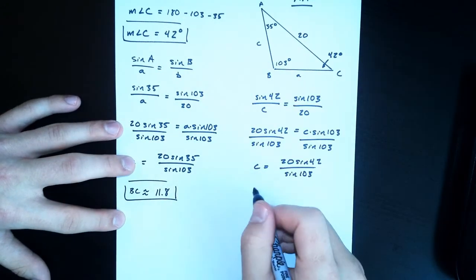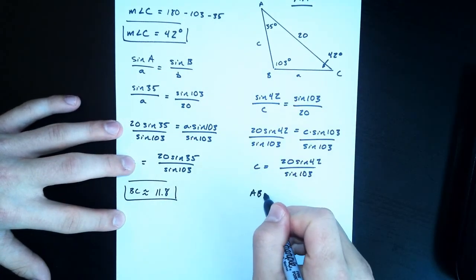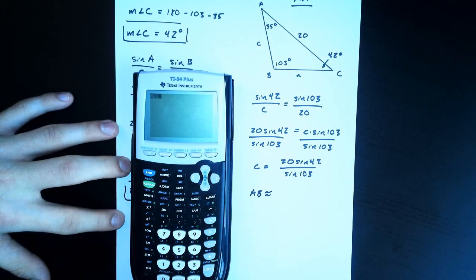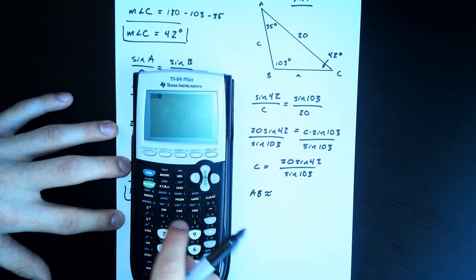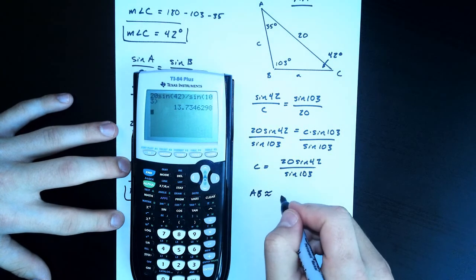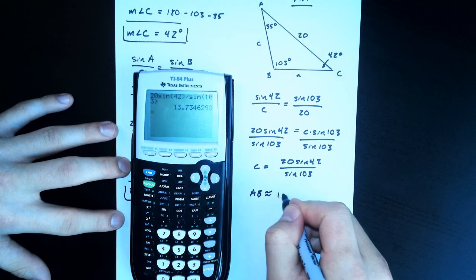So that's going to be side AB, and let's see what we get. 20 times the sine of 42 divided by the sine of 103. We end up with about 13.7.